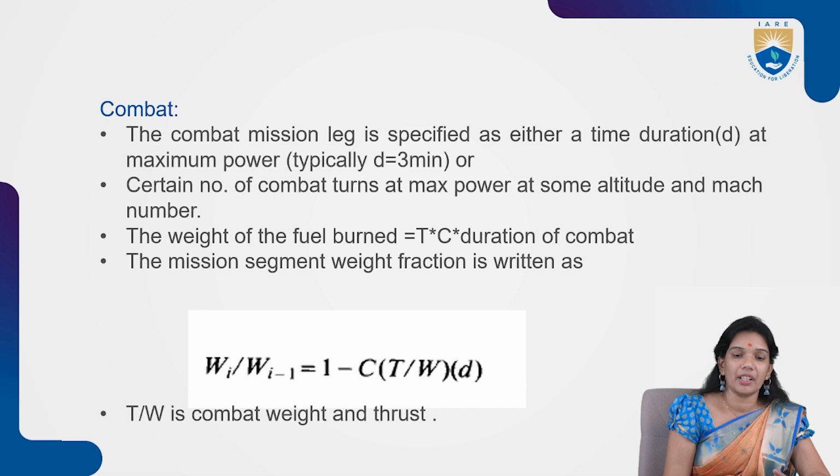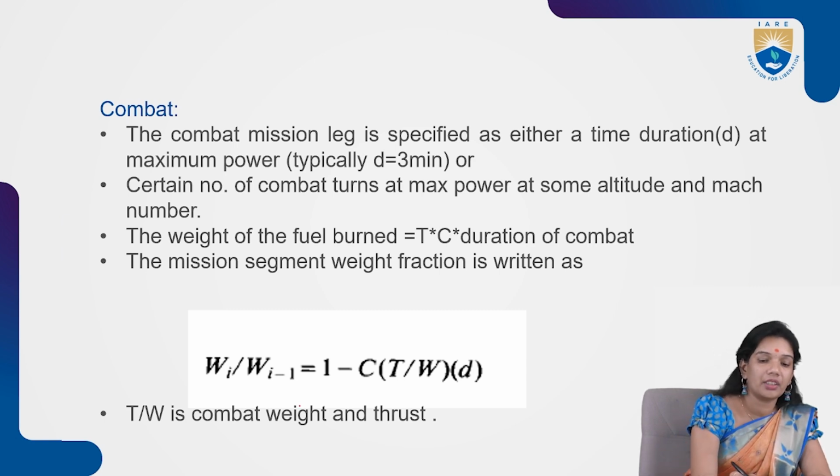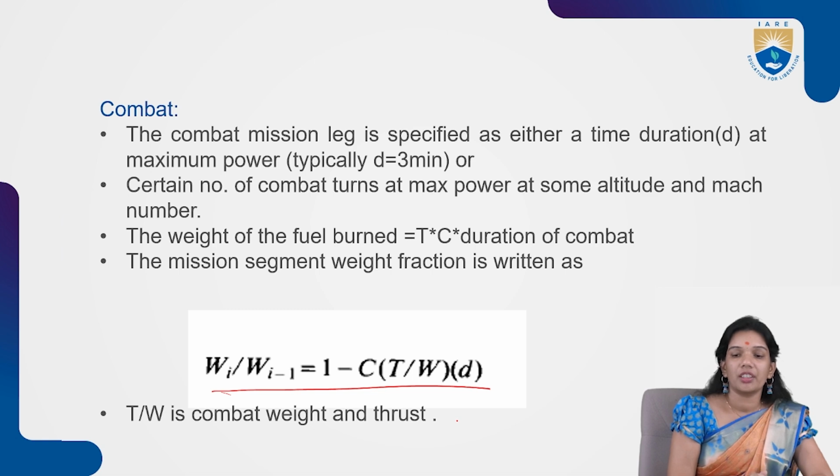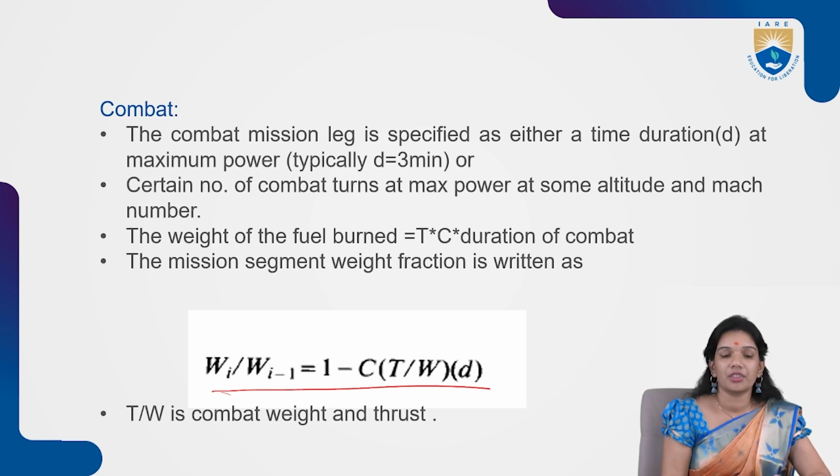Then we will have a combat segment. When you're talking about a military application, it has a combat mission segment, which includes a particular equation where you're talking about the time duration and the power out.